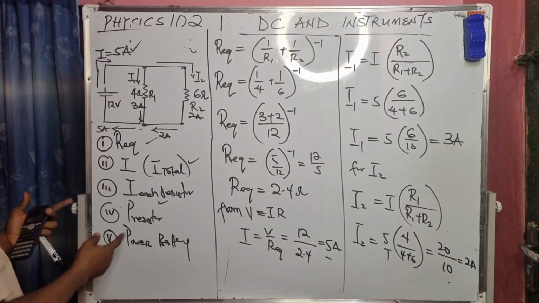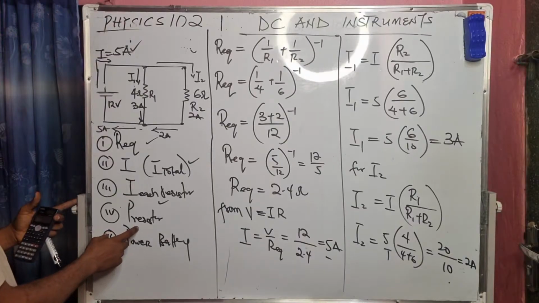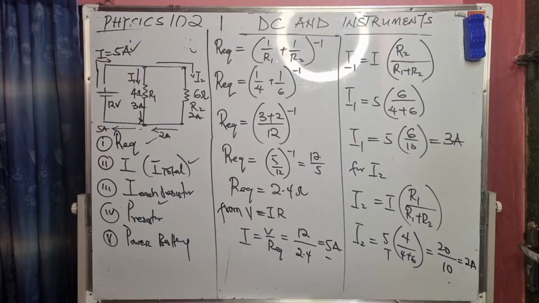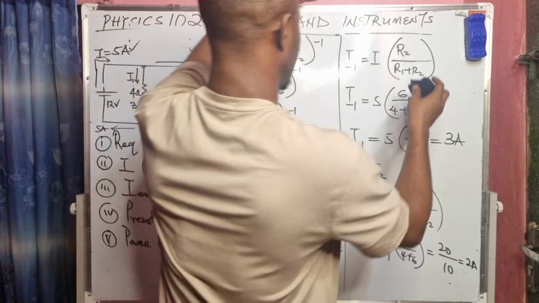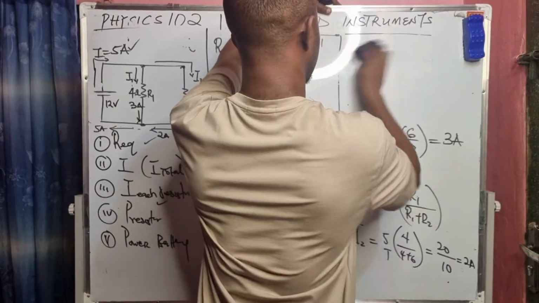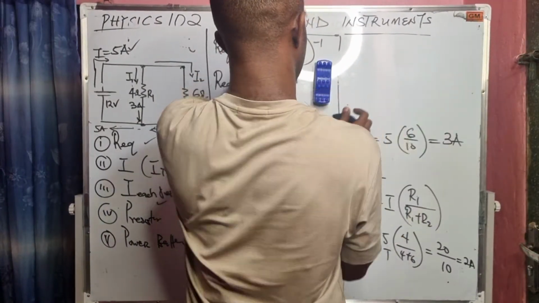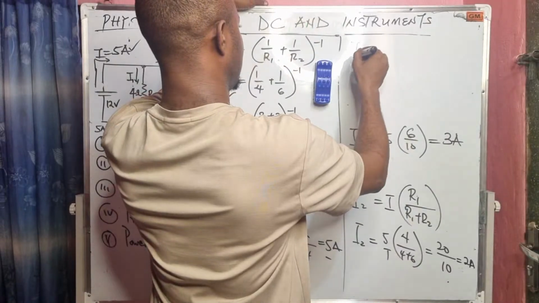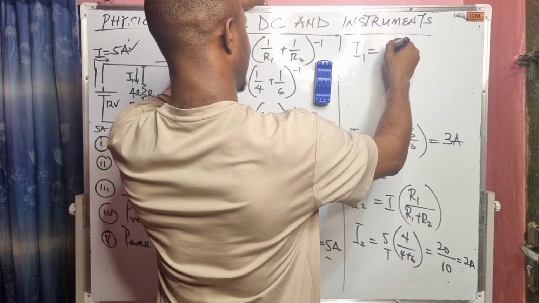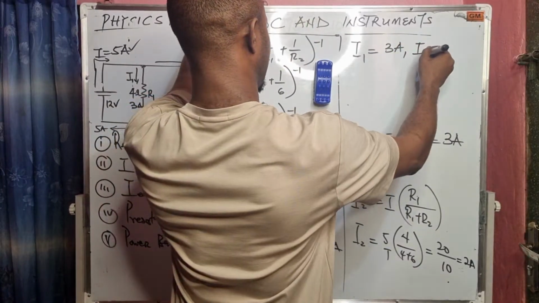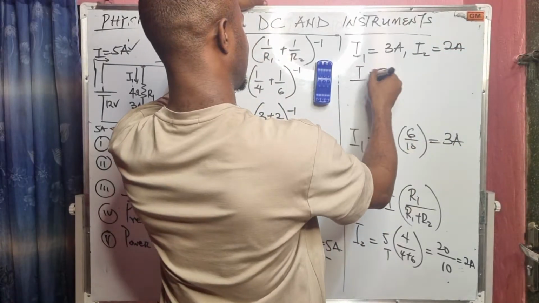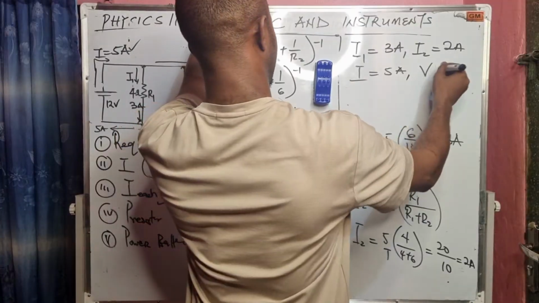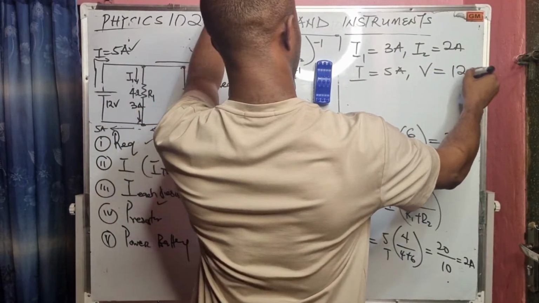The next thing is power absorbed by each resistor, of which I've already taught us how to find. Before we go into that, we have to bring out our I1, which is 3 ampere, our I2 is 2 ampere, our total current is 5 ampere, and our voltage is 12 volts.